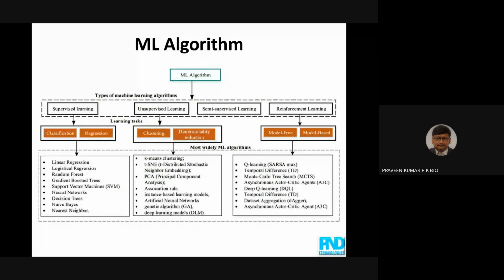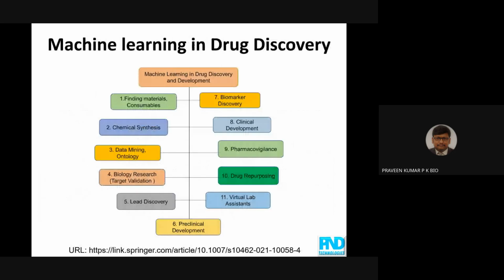We can classify machine learning algorithms as supervised learning, unsupervised learning, semi-supervised learning, and reinforcement learning. In supervised learning, we see learning tasks like classification and regression. These are some of the methods of supervised learning, and these are some of the methods of unsupervised learning. Similarly, for reinforcement learning, we can see these kinds of machine learning techniques.